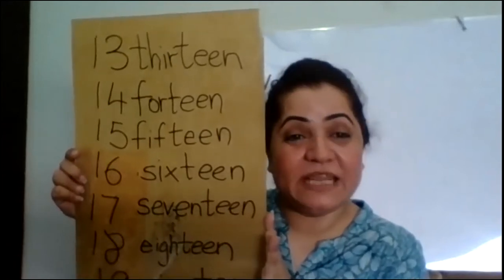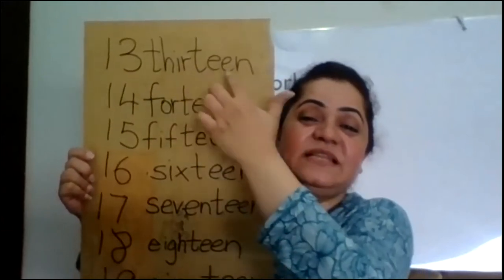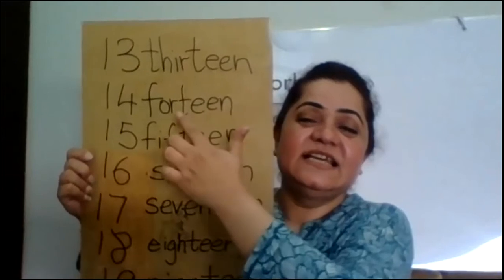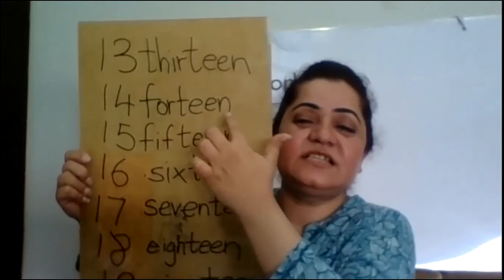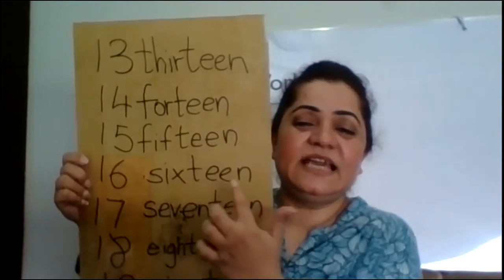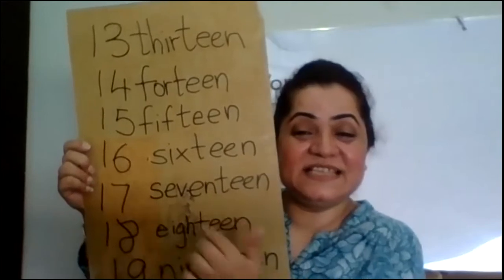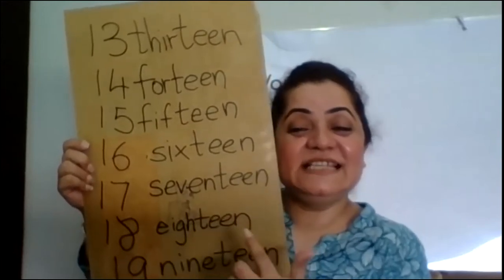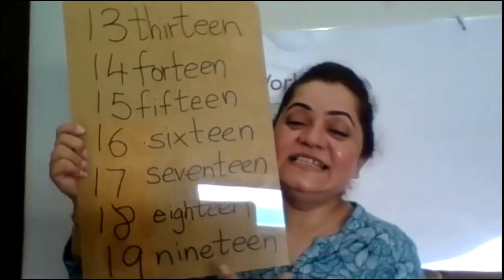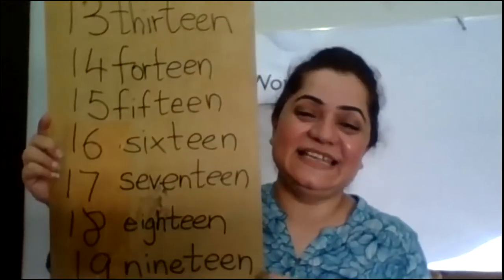When we write a number in words, it has teen in it, and that is TEEN, teen. 13, teen, 14, teen, 15, teen, 16, teen, 17, teen, 18, and teen, 19.